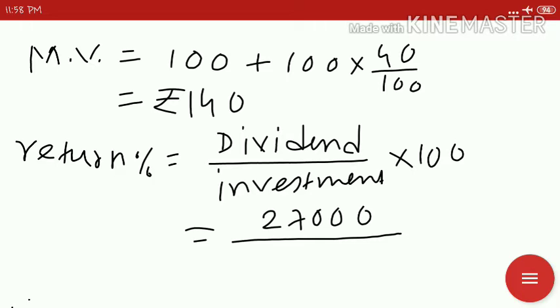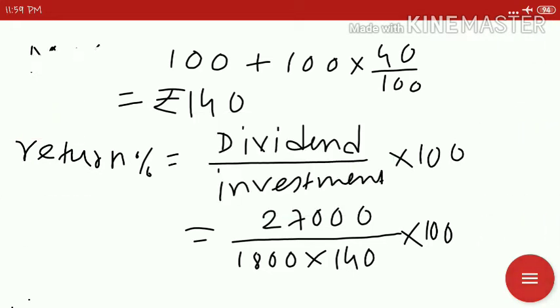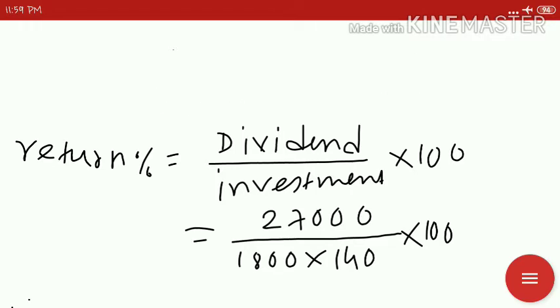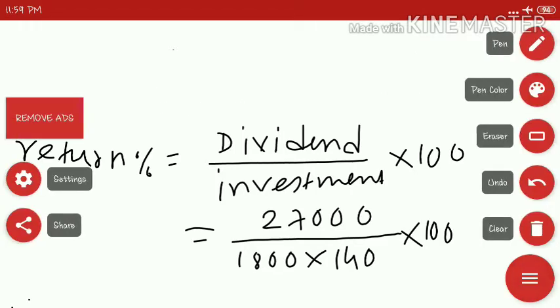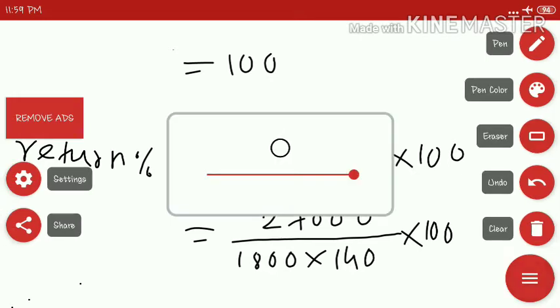We know the investment formula is the number of shares, that is 1800, into the market value, that is 140. Into 100. Now if we calculate this, you will get the percentage that she will get as return. The percentage will come as the answer 10 whole 5 by 7%, or you can put it into decimal form. So the final answer will come as 10 whole 5 by 7%.